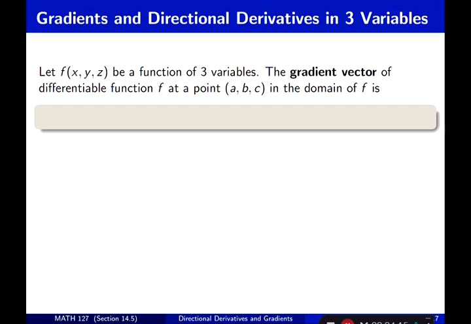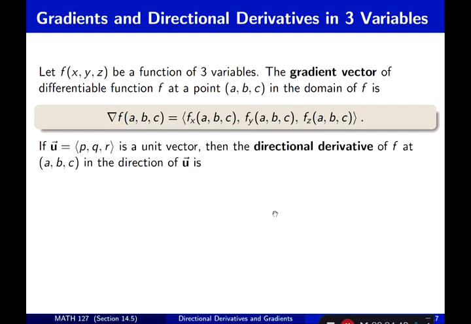The gradient vector of a differentiable function f at a point (a, b, c) in the domain of f is equal to the partial of f with respect to x at (a, b, c), the partial with respect to y at (a, b, c), and the partial with respect to z at (a, b, c). Those are the 3 coordinates.